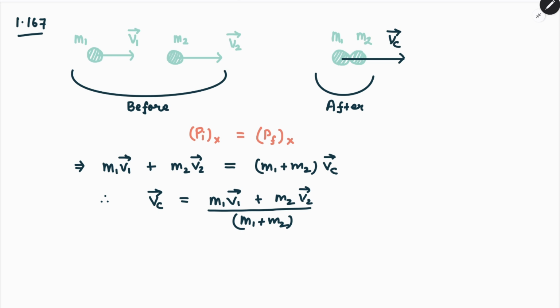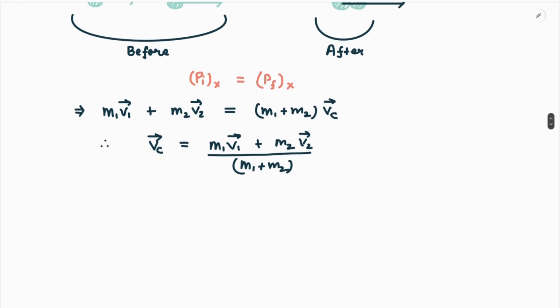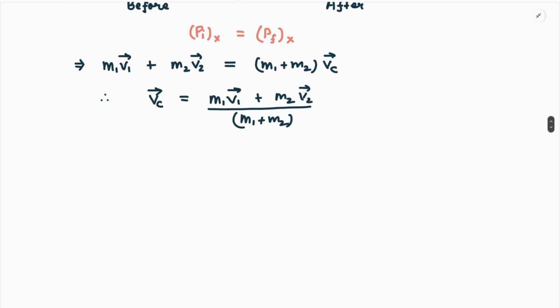Now we need to calculate the magnitude of Vc. For that, we need to understand that it is the vector sum of v1 vector and v2 vector, multiplied by the scalars m1 and m2.